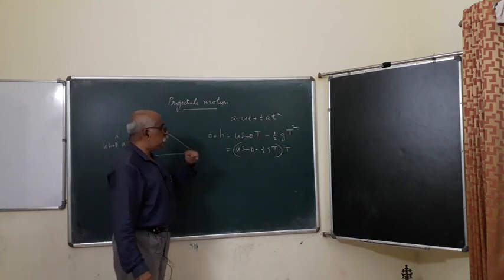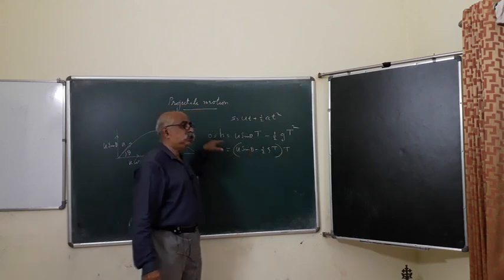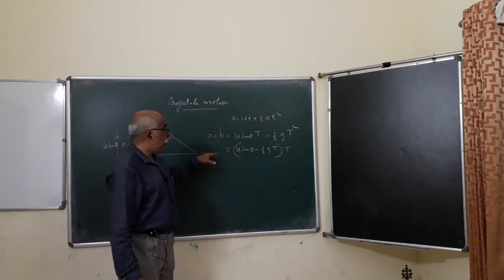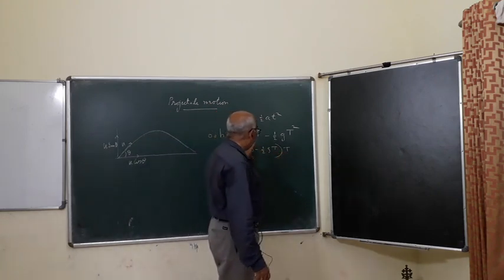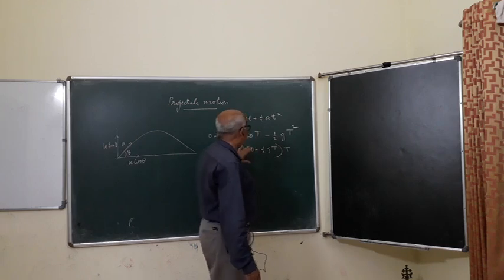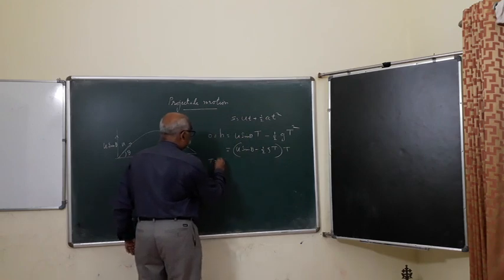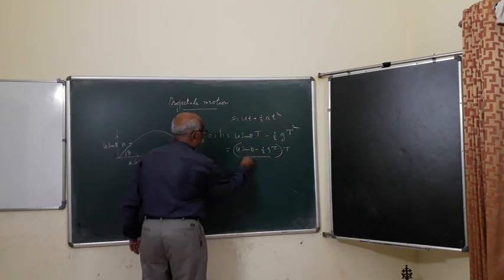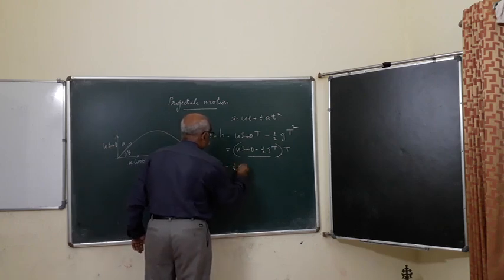At two situations this can happen. When t is equal to 0, this vertical displacement is 0. At a different time, when t is not equal to 0, if this factor is 0, the equation will be 0. Now consider the t not equal to 0 case. That is, u sin theta minus half gt is equal to 0.